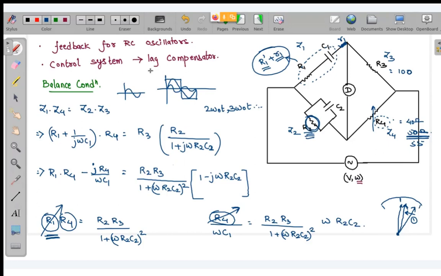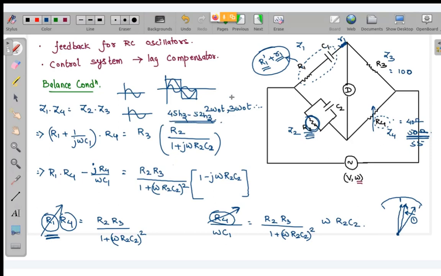Such a signal we usually don't find, because even the practical sinusoidal signal that we use in our home has harmonics present. That is why the frequency that we get varies somewhere around 45 hertz to 52 hertz. So that is why we say that it is around 50 hertz.